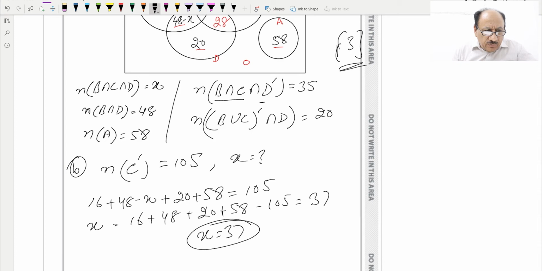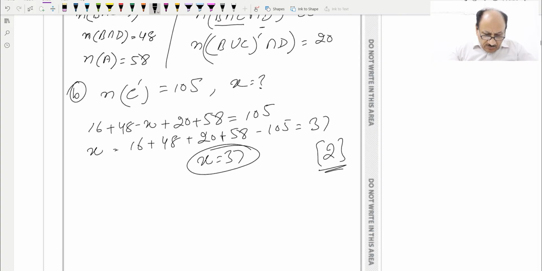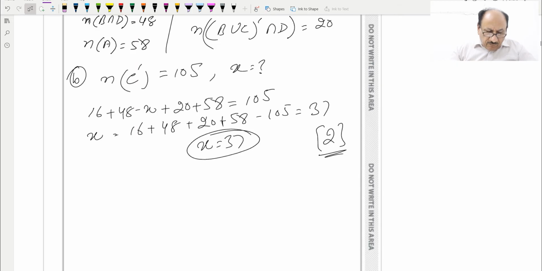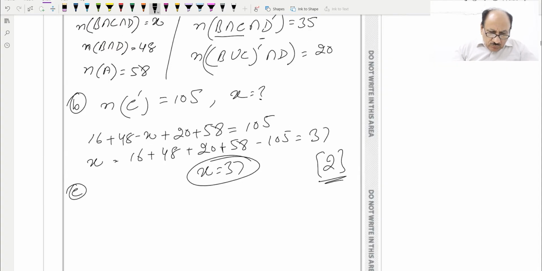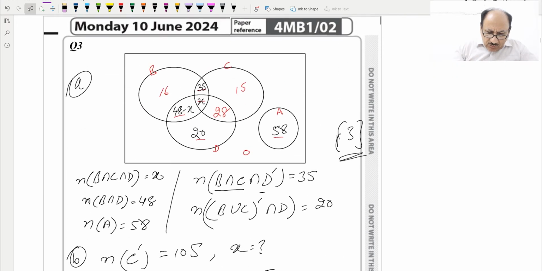And this B part was 2 marks, which we have done. Hopefully you understood this. Then they're saying write the probability. The C part: write the probability that this student studies biology only. So bio only is what?